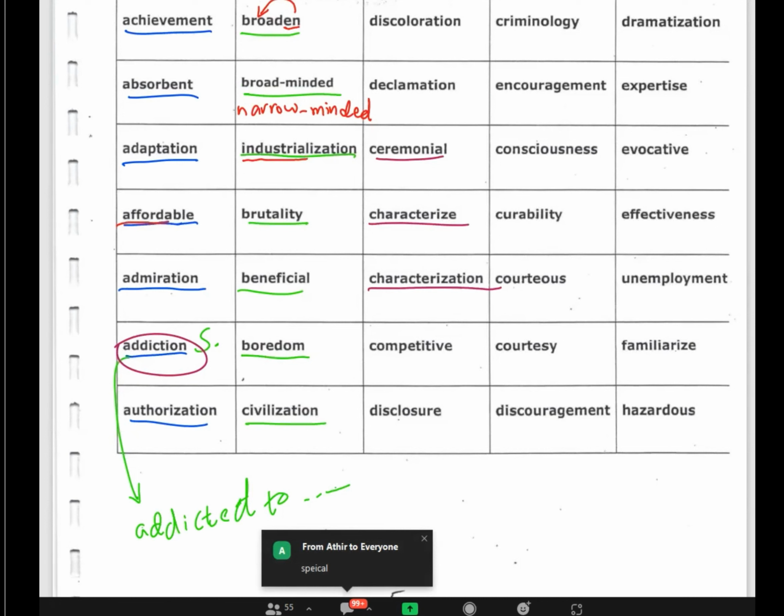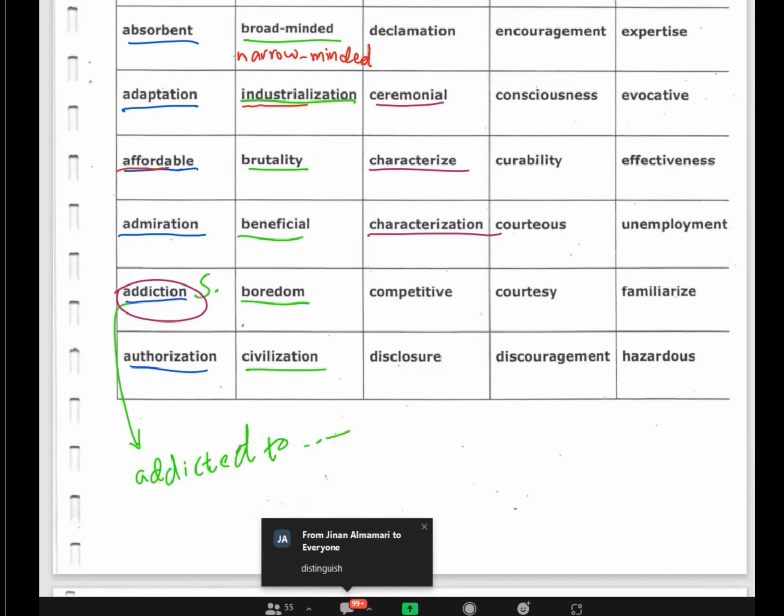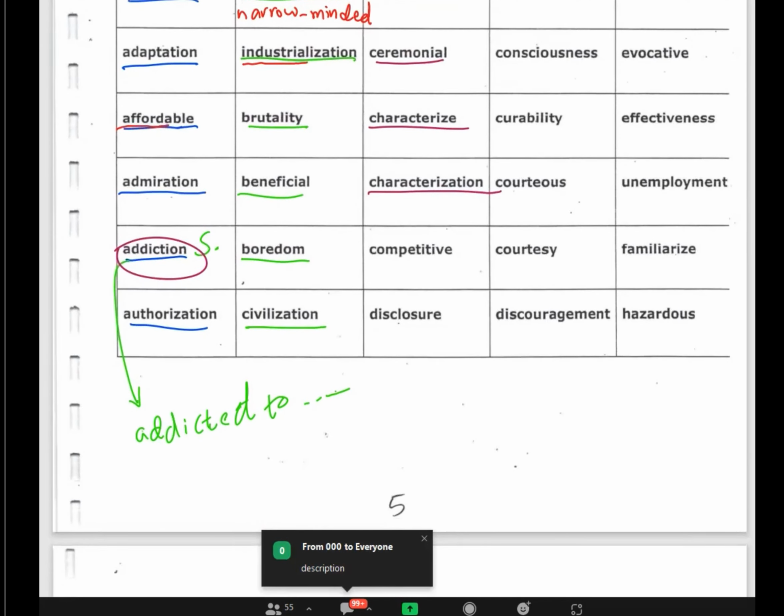To characterize means having unique things. Okay, so describing something unique about the person or something special. To describe something special about the person.